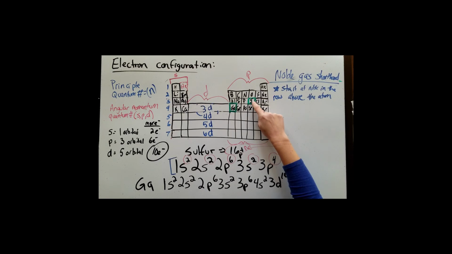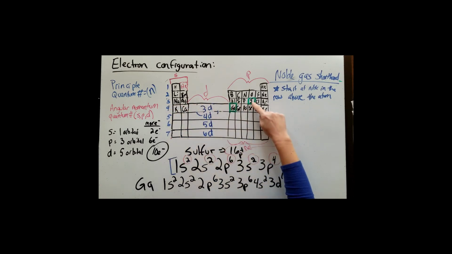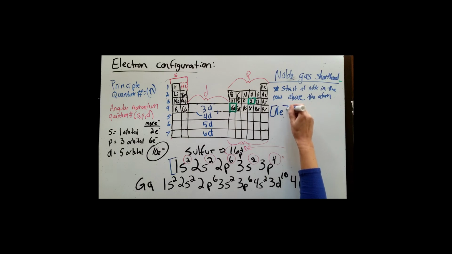Sulfur is in period 3, so I'm going to start with the noble gas in the row above it. Remember, the noble gases are this last column here. The noble gas in the row above sulfur is neon. So I'm going to start with neon, and put it in brackets, Ne in brackets.